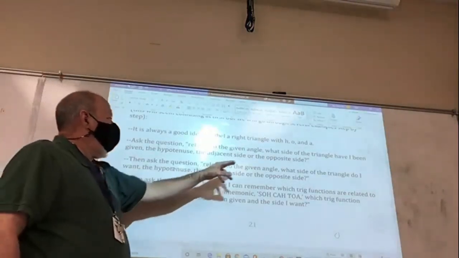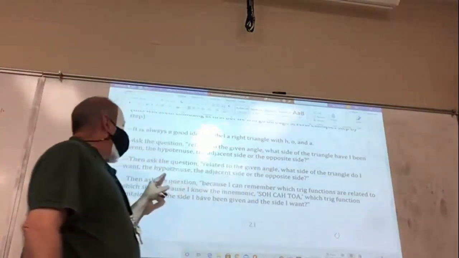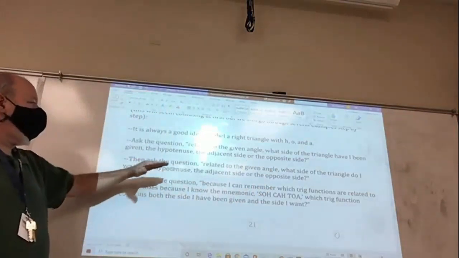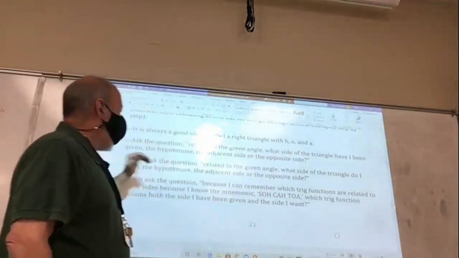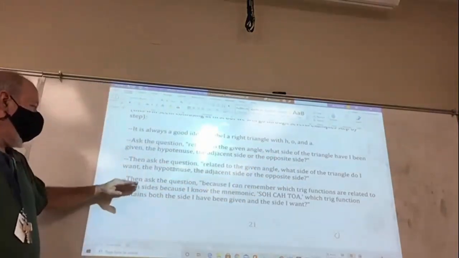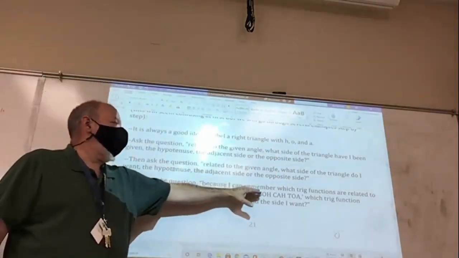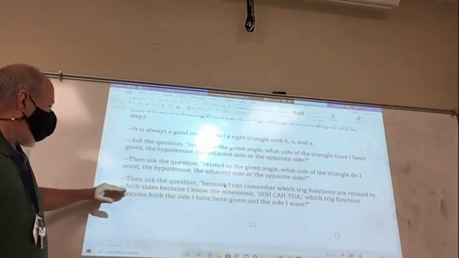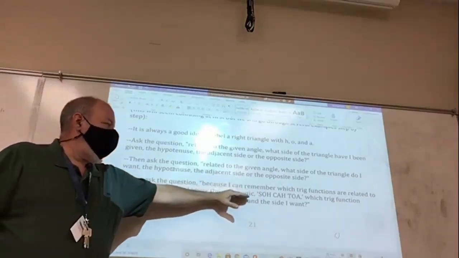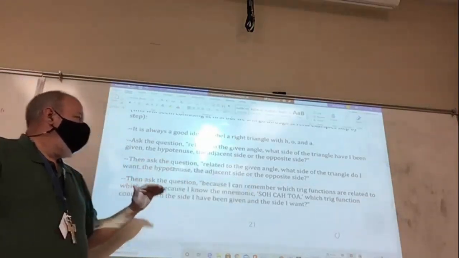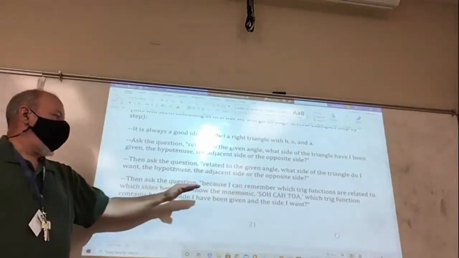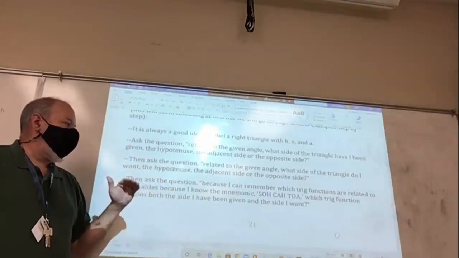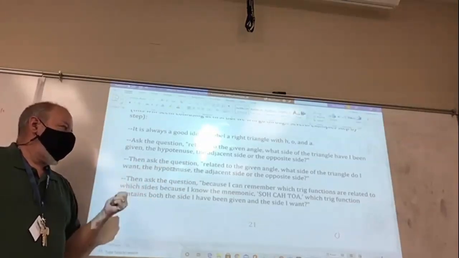If you're given the opposite side and you want the hypotenuse, you automatically know you need the sine to solve the problem. So my next step is, because I can remember which trig functions are related to which sides, because I know SOHCAHTOA, which trig function that contains both the side that I've been given and the side that I want is the correct one.